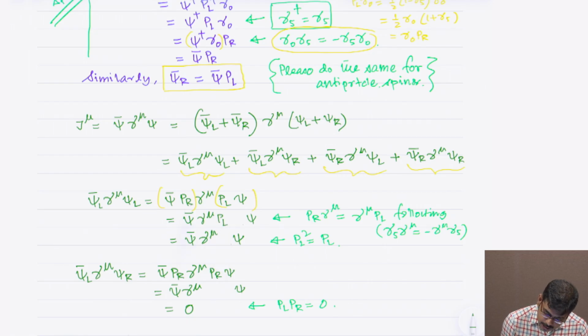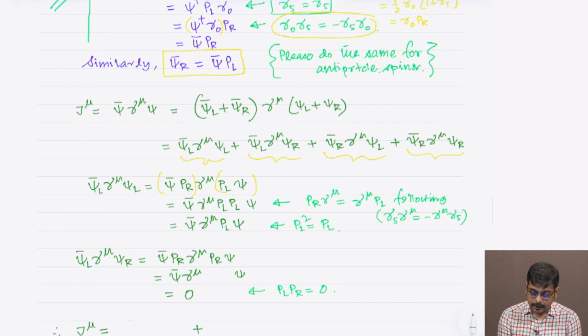So essentially PR gamma mu becomes gamma mu PL, and we already had a PL there. This comes from the fact that PR gamma mu is equal to gamma mu PL. And on the other hand, PL square is PL itself. So this is gamma mu PL psi. So this current looks like psi bar gamma mu PL psi.